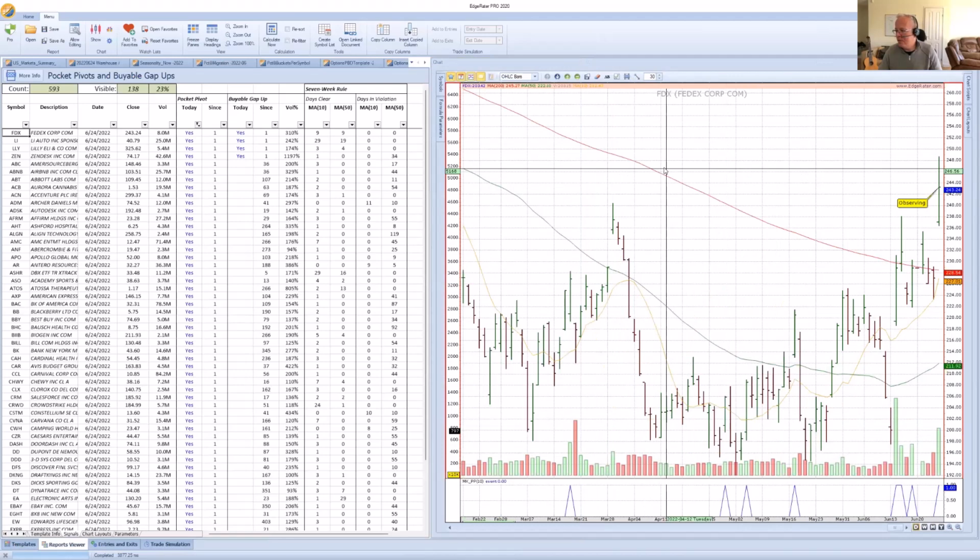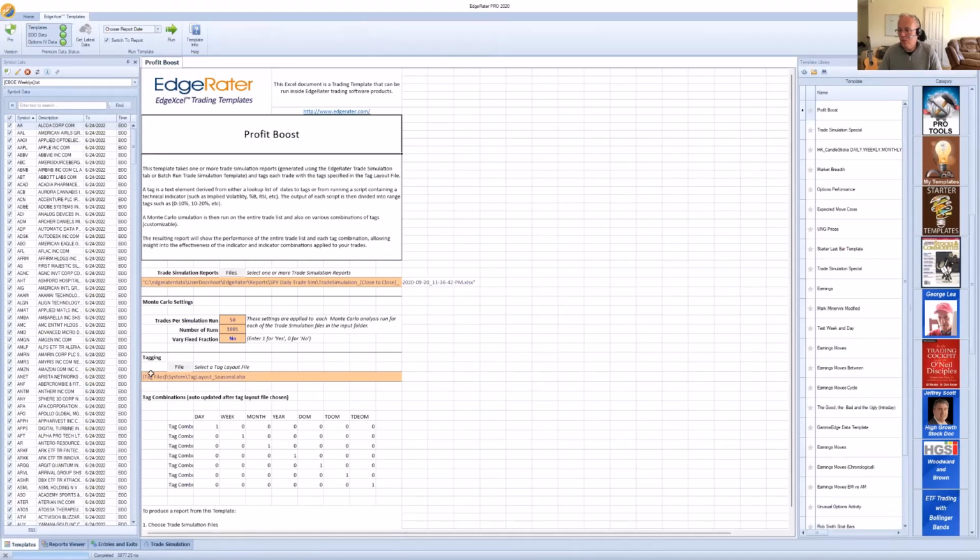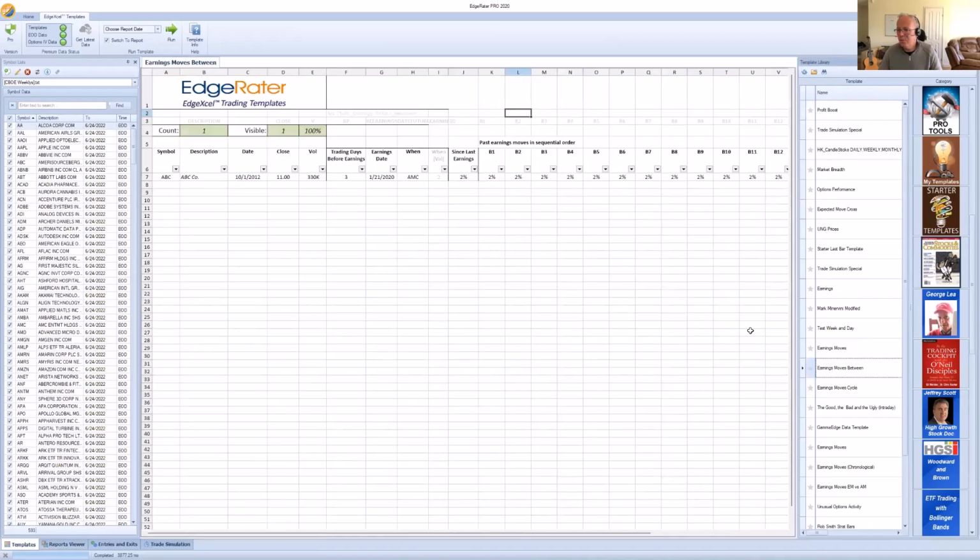Once you have earnings information, you can do some really cool charting, but also some very cool quantitative analysis. I wonder if it's going to let me show this. I'm not sure these still work properly. Let me try it.